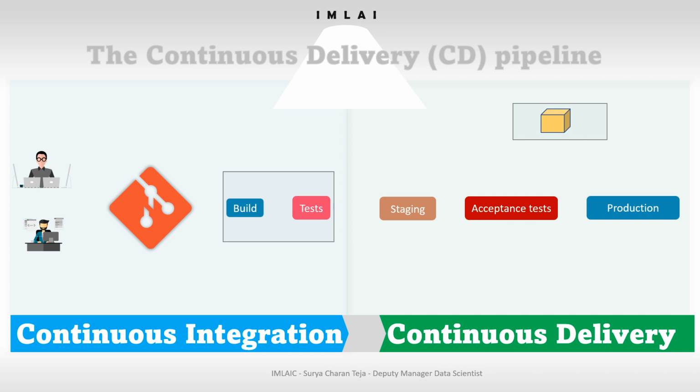Before we discuss the flow of the continuous delivery pipeline, let's look into continuous integration first. As usual, the developers have committed their code and pushed it to the source code repository, through the SCM, to GitHub.